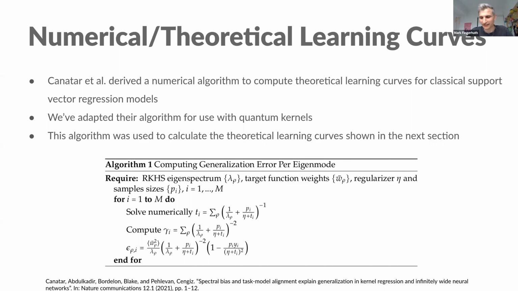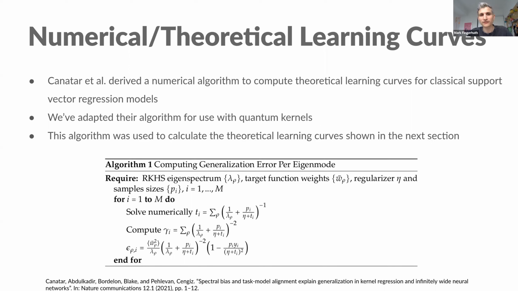Basically, one big thing that this thesis was about is how we actually compute these learning curves. It's easy to compute an empirical learning curve, because we simply plug in different types of data and plot the generalization error or the training error over time. But to compute the theoretical learning curve, Maria and I got very inspired by a paper by Canatar et al., where they derived an analytic expression for the theoretical learning curve, so for the generalization error, of, in their case, support vector machines.